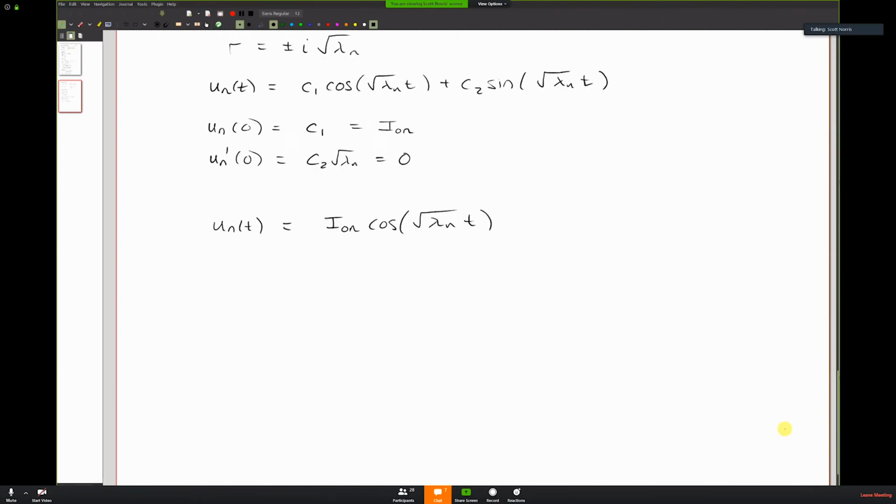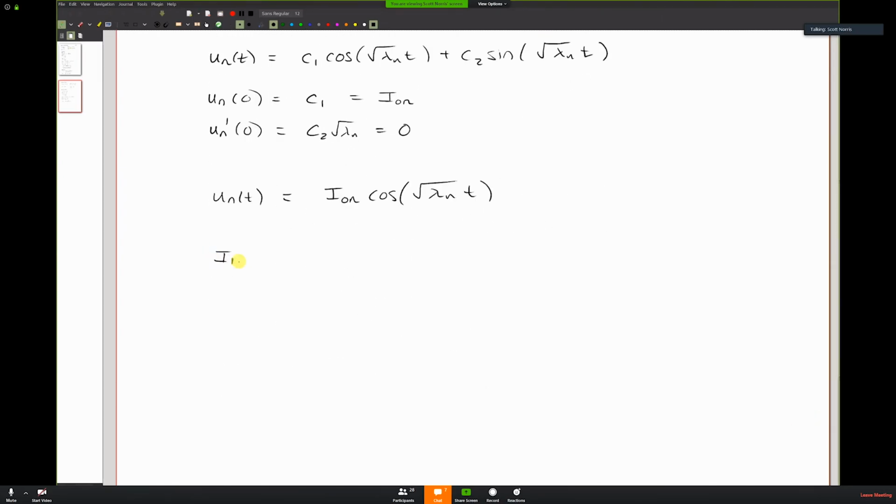And I'm now ready to invert. My general solution, u of x and t, is going to be the sum, n from 1 to infinity, of I0 sub n, these are just numbers, right, times cosine.